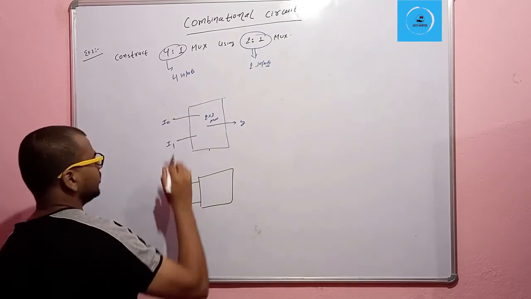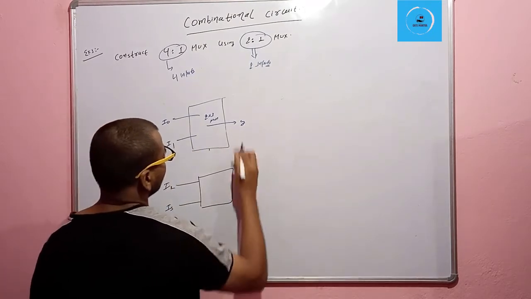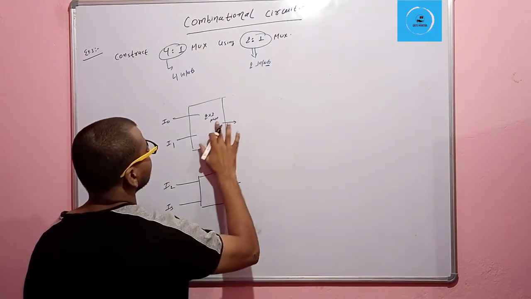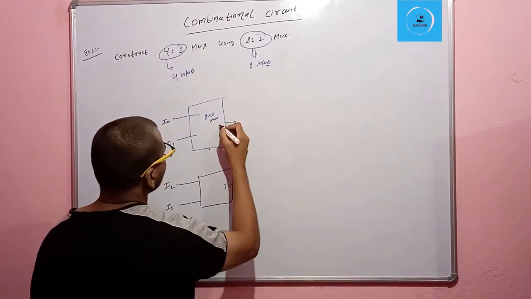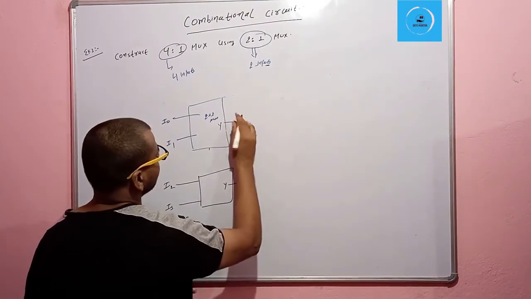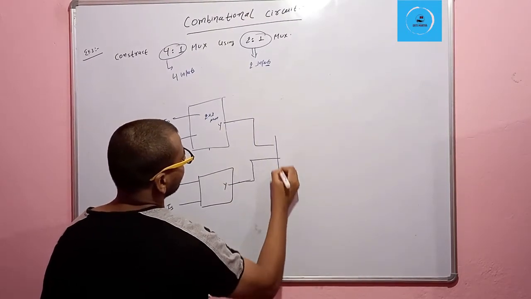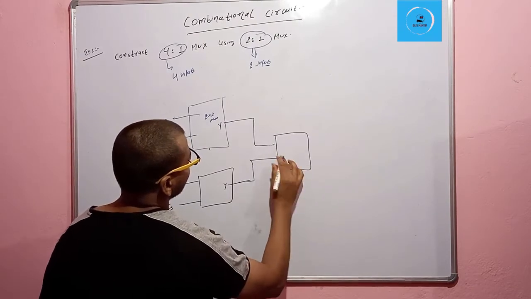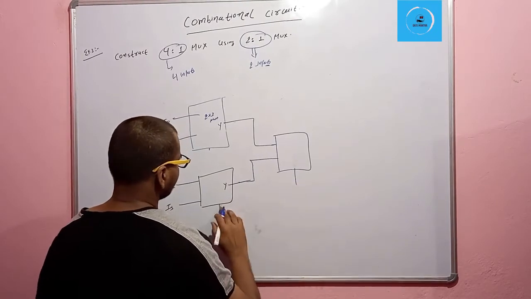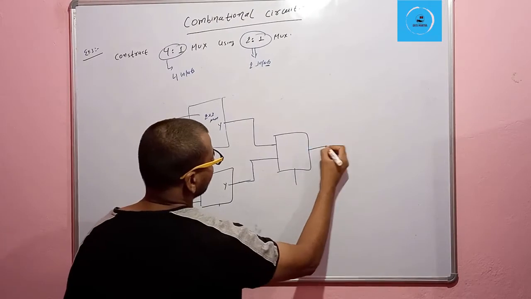Here we give I0, I1, here I2 and I3, and here is another output Y. Now these two outputs coming from the 2 muxes, we are going to give to one another 2 to 1 mux, and here is the output.